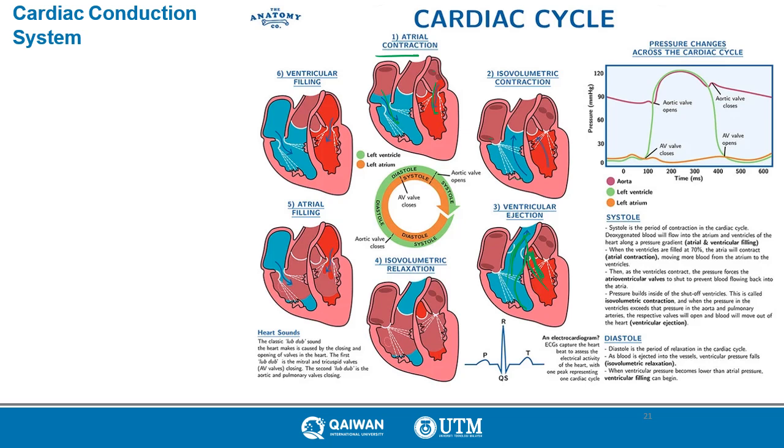Then we have isovolumetric relaxation, followed by atrial refilling. The blood will come back to the atria from the superior vena cava and inferior vena cava via the vena cava trunk, and the pulmonary veins. And the cycle continues in this way.